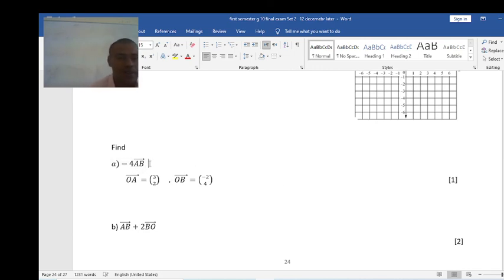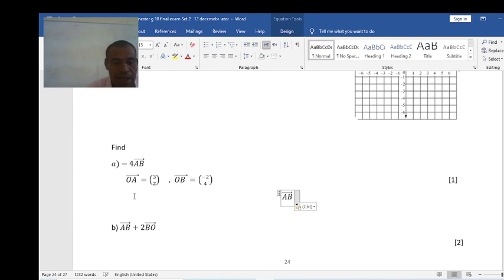AB is what, in fact? Let's first work out AB only, then we will multiply by negative 4.